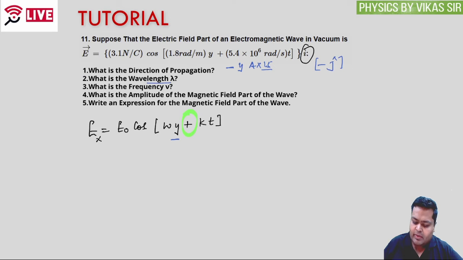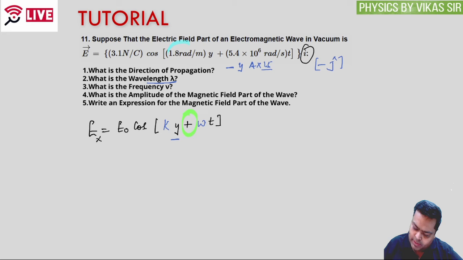Second part says find the value for the wavelength. So how do I find the value for the wavelength over here? For finding the value for the wavelength, I can use the k over here, right? That is ky plus omega t. Let me correct this. That is ky plus omega t. So I can compare the coefficient of y.